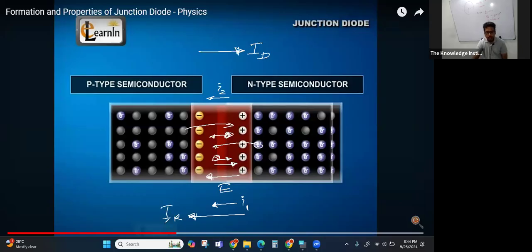The R denotes reverse. It's a reverse current. The movement of holes is reversed by the built-in electric field, and the movement of diffusing electrons is also reversed by this built-in electric field. Therefore, this is known as the reverse current. So reverse current is the drift current of electrons and the drift current of holes, and their overall resultant effect we consider as IR, the reverse current.